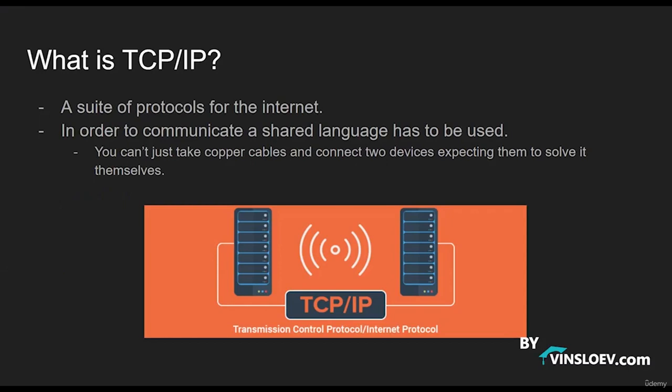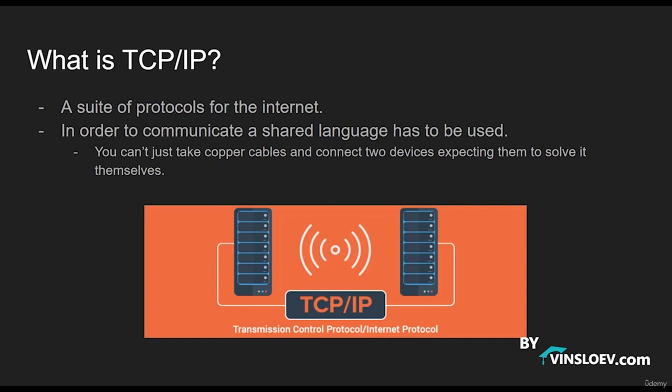What is TCP/IP? Well, this is a suite of protocols that is used on the internet to communicate, meaning that when we are communicating with other devices using the internet or a given network in general, we are using this TCP/IP protocol suite. So this is a common language that devices have implemented such that they can talk to each other, because if we didn't have these common protocols, then two devices would not know how to communicate with each other.